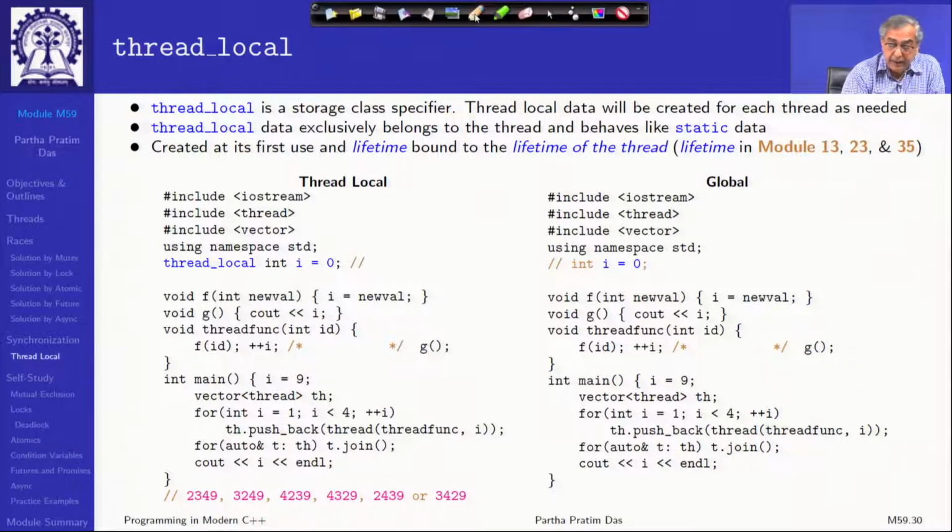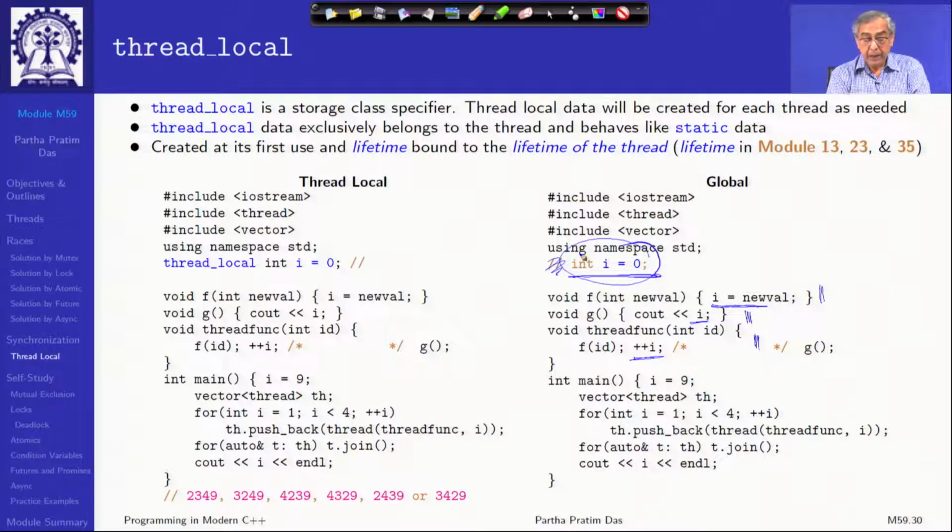Suppose I have a global variable I, then function f and function g, and the thread function, can communicate by updating this I. For example, this writes to I, this reads I, and so on. And this is being done using it as a global.